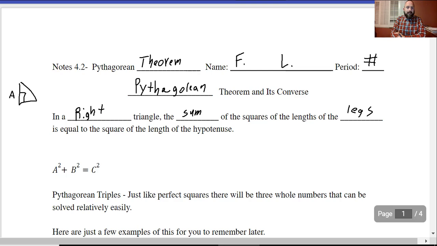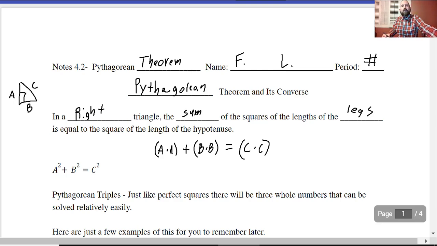So if this is A, and this is B, and this is C, then A times A plus B times B is equal to C times C, or A squared plus B squared is equal to C squared.